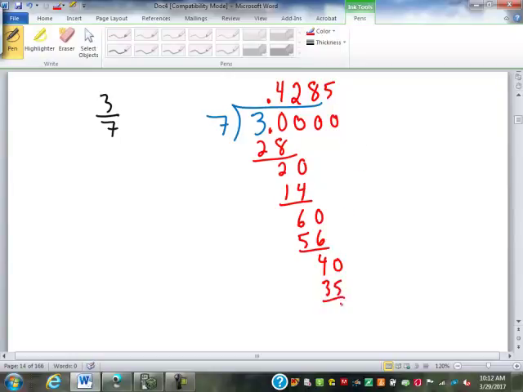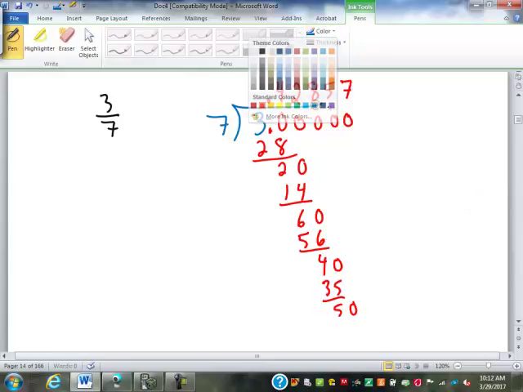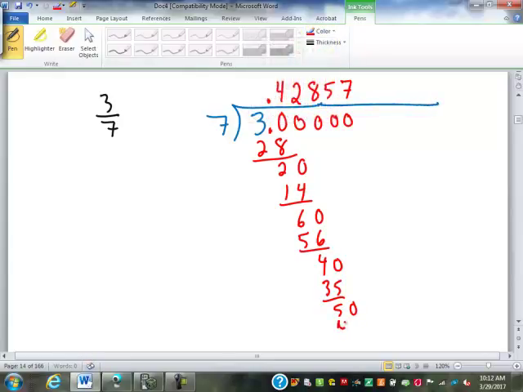That's 35 with 5 left over. Add a 0, bring it down. 7 goes into 50 7 times. That's 49 with 1 left over. Add a 0, bring it down.